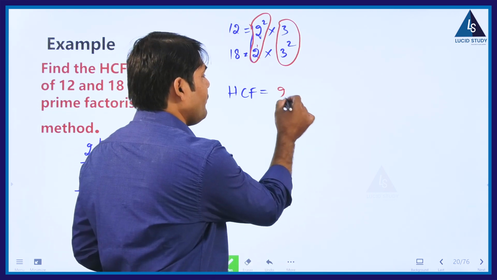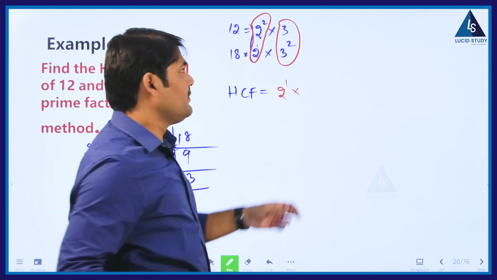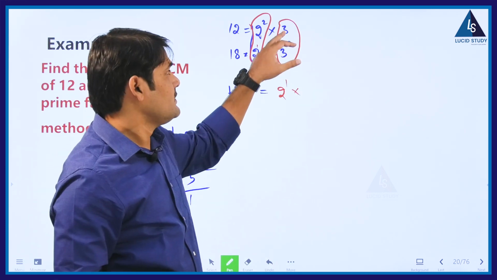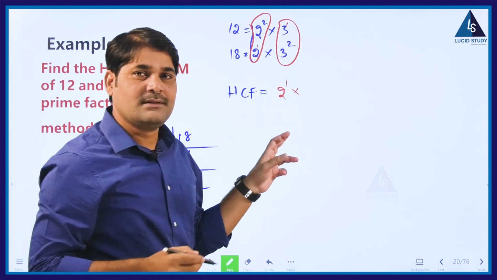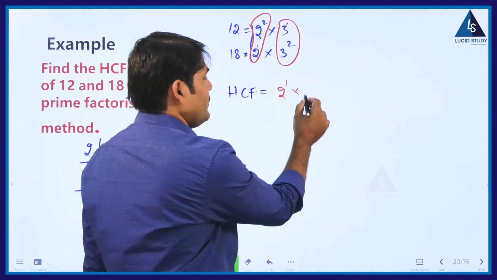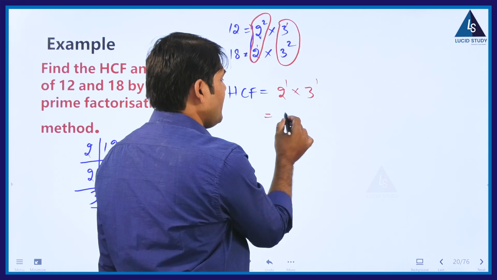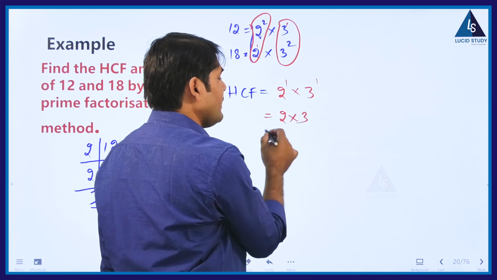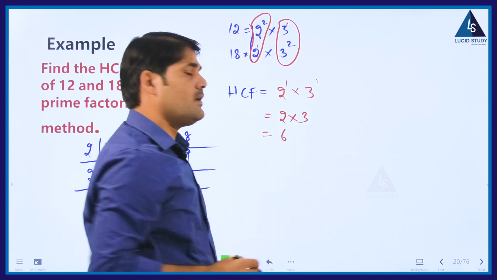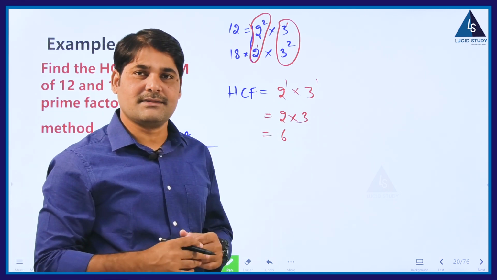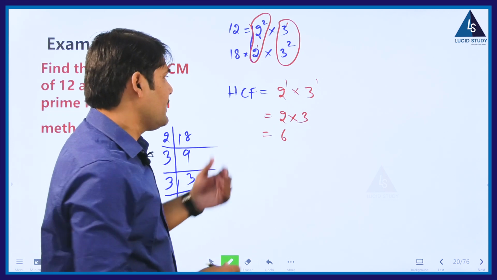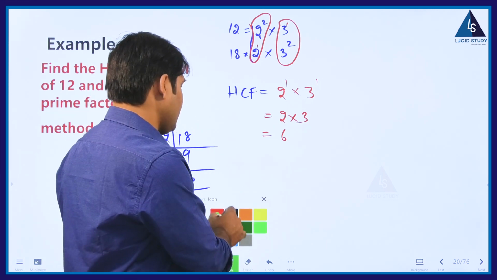So 2 to the power of 1 into... Similarly here also you can check: 3 power 1 and 3 power 2. Which one is the least? 3 power 1 is the least. So 2 power 1 is 2, 3 power 1 is 3. So HCF, how much did you get? 6. So it is better than the last case. Right? Similarly, now we will find LCM.